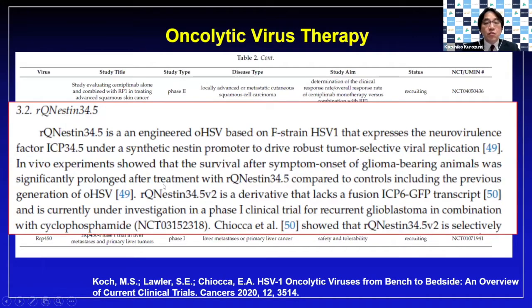In vivo experiments show that survival after symptom onset of glioma-bearing animals was significantly prolonged after treatment with this virus compared to other controls. It is now under investigation in a phase 1 clinical trial for recurrent glioblastoma in combination with cyclophosphamide. Dr. Kyoka is performing this study.